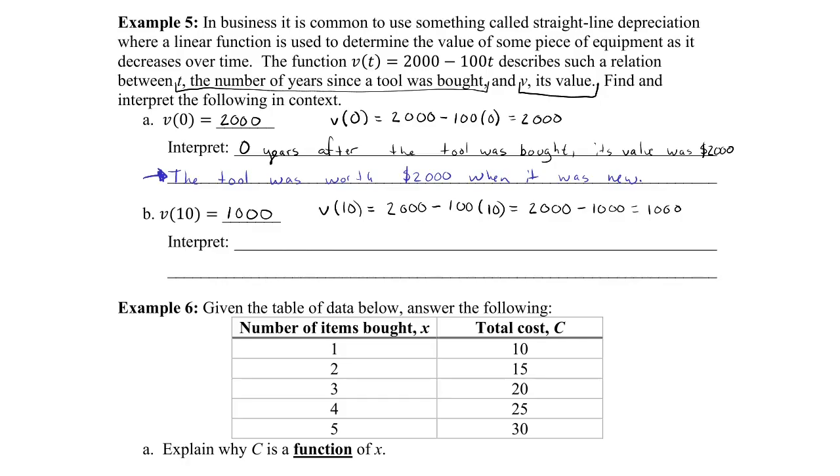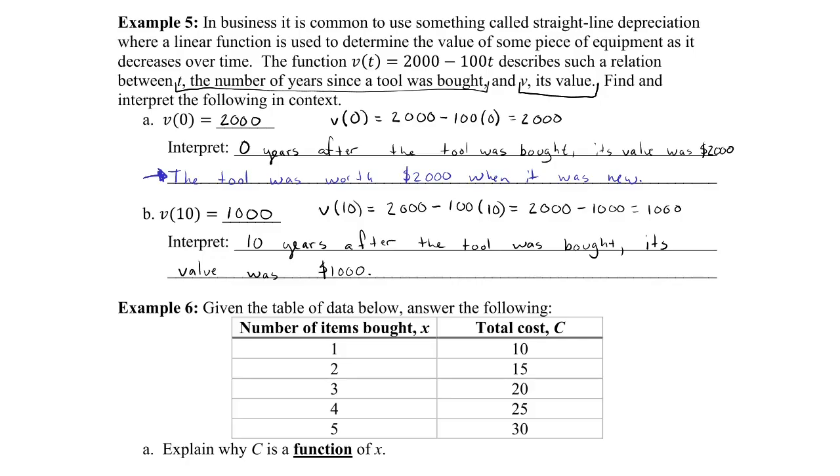How do we interpret that in context? Well, this is telling us the value when t equals 10. So t equals 10 means 10 years after the tool was bought. What was its value? v was 1,000. Its value was $1,000. 10 years after it was bought, its value was $1,000.